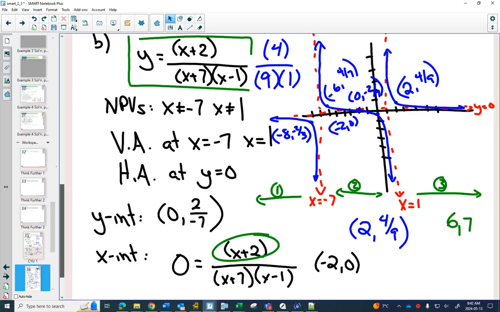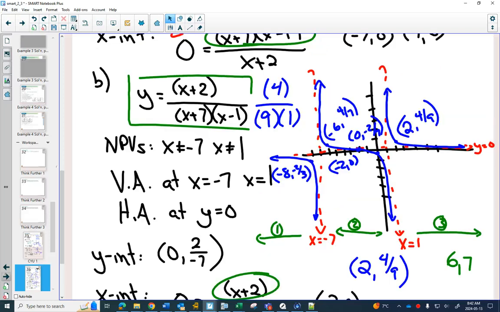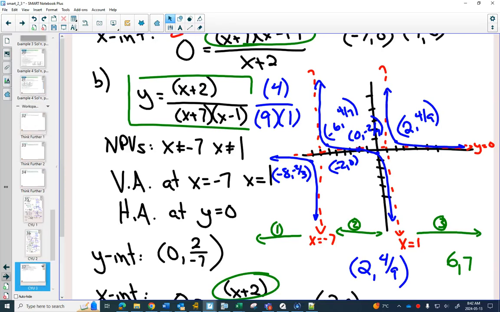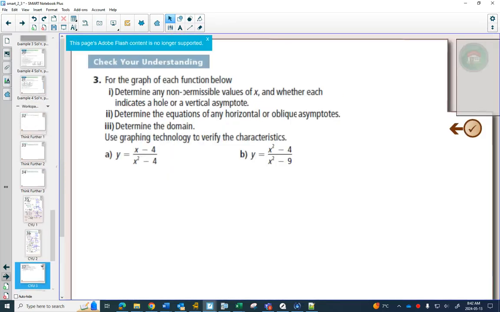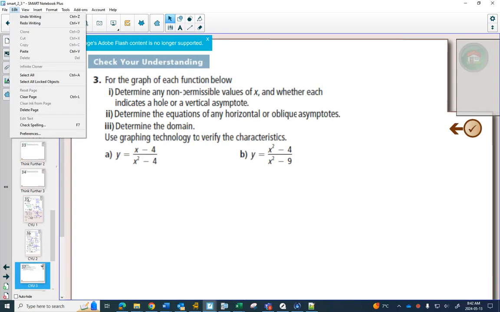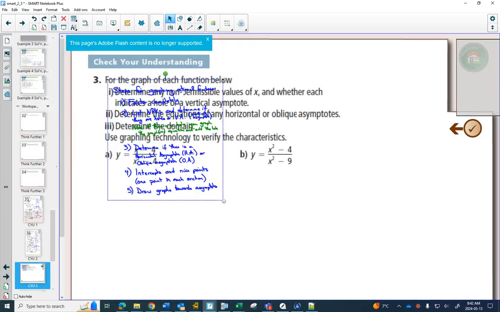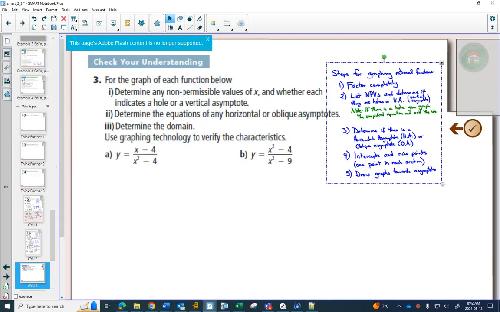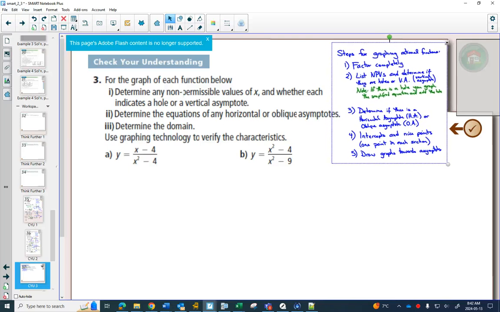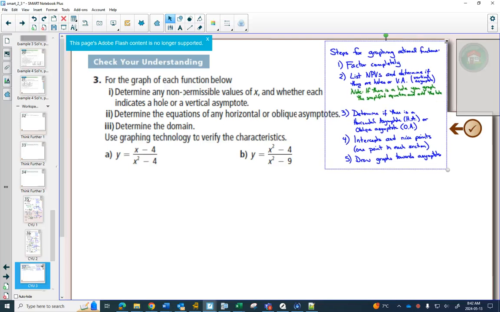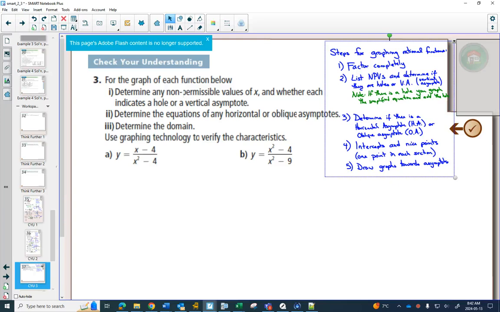So let's go to example 3. We're going to take our steps and paste them over there, small, again.